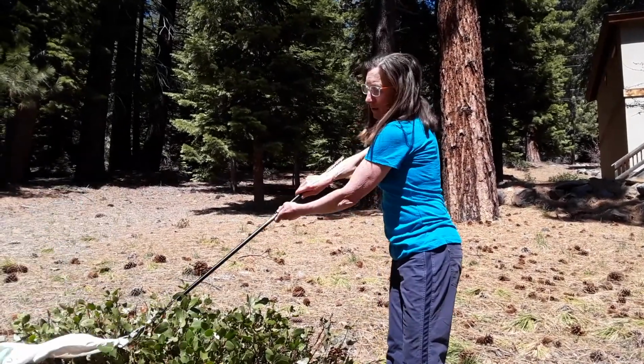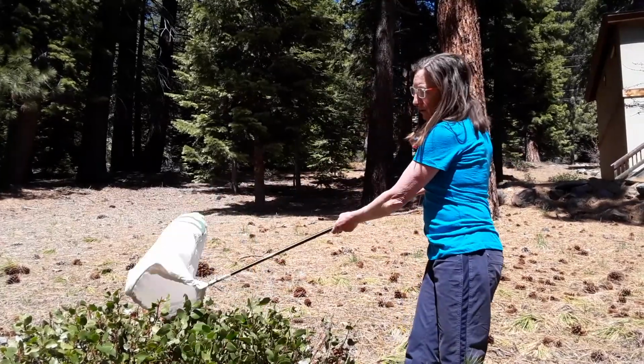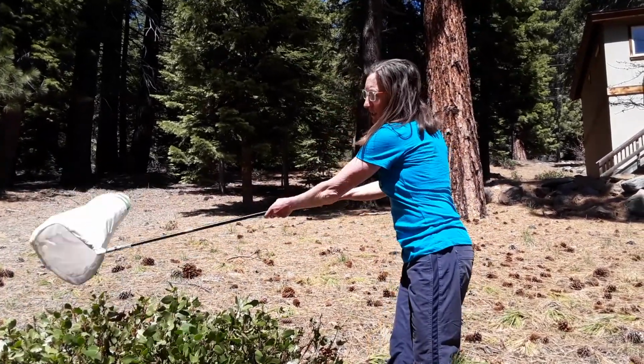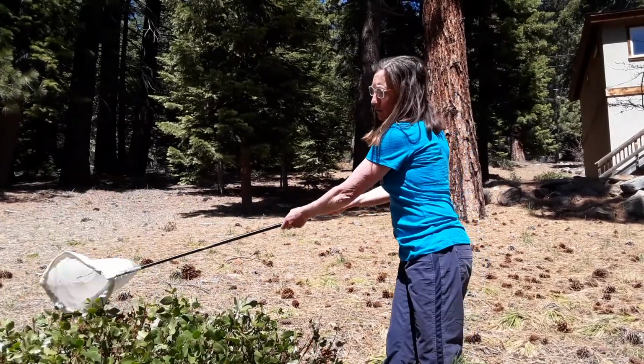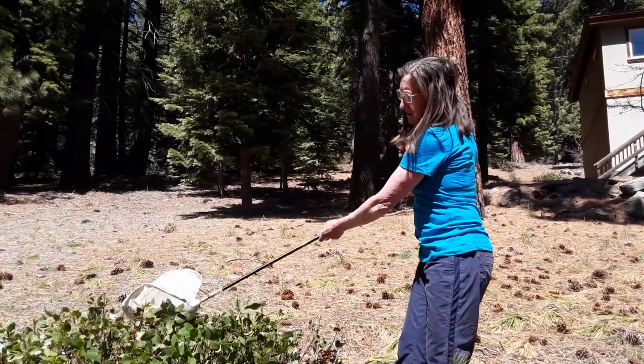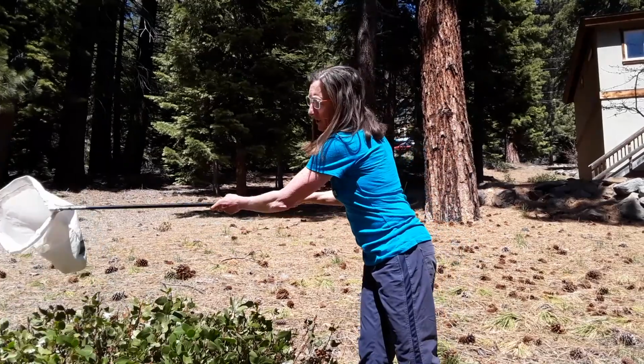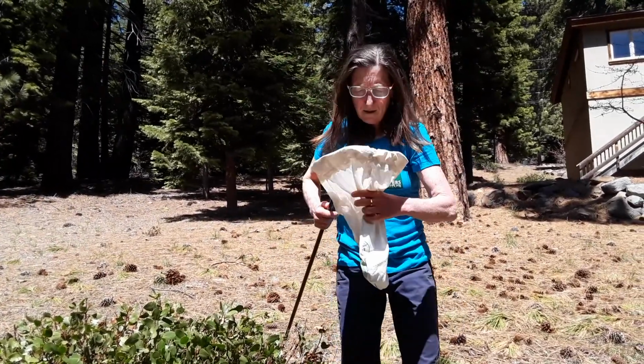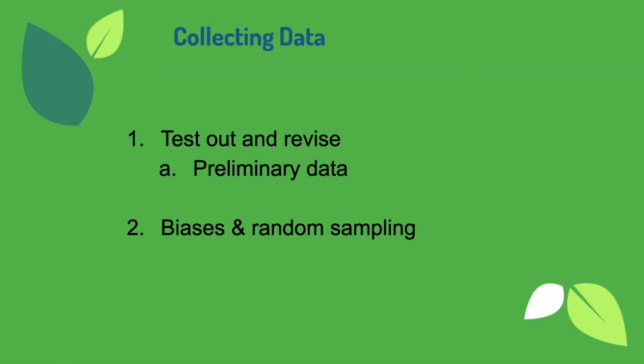Now that you've planned out your experiment and set up your data table, you're ready to go out and try out your experiment. An important part about this is to test out what works and what doesn't work, and then revise your experiment. Scientists call this preliminary data.